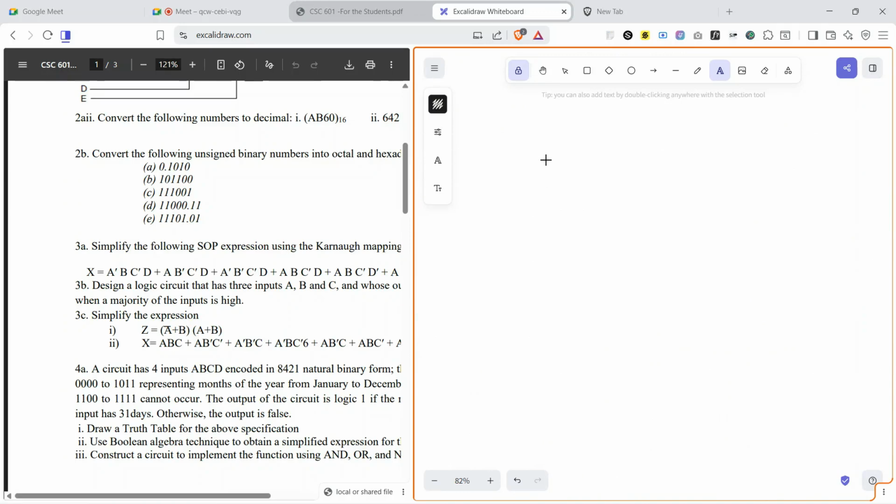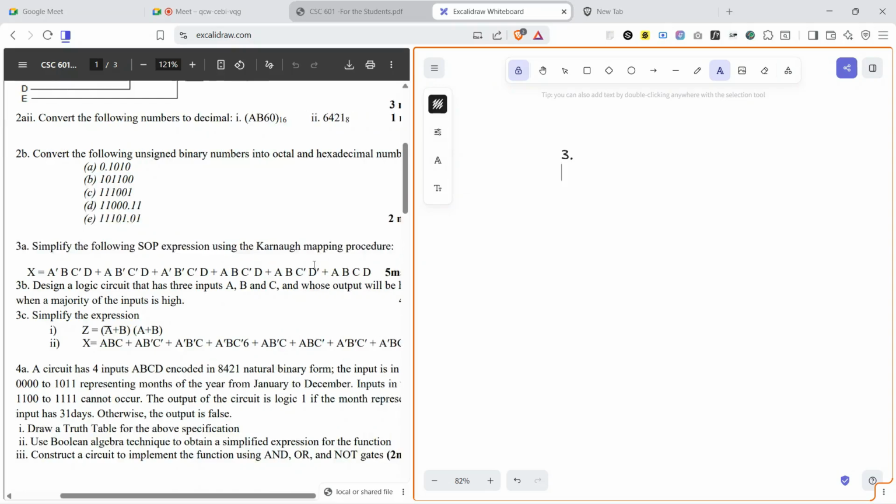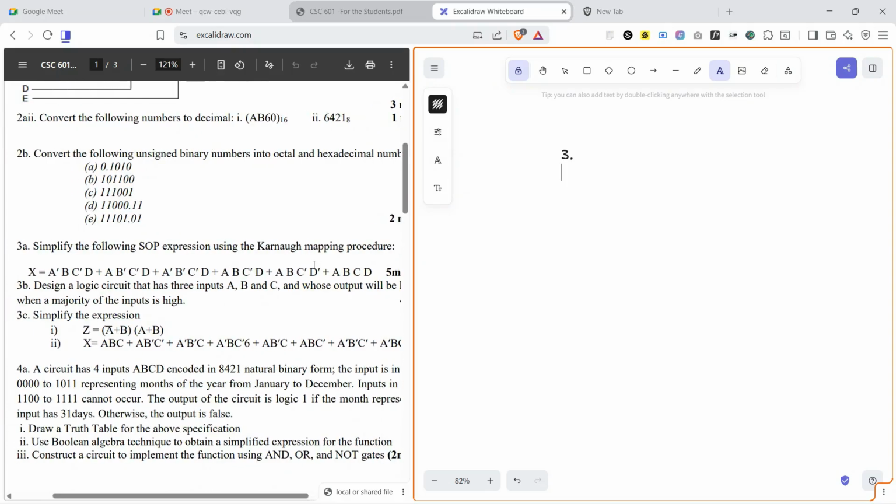So for number three, we are told to simplify the following SOP expression using the K-map process. K-map is a graphical representation of simplifying Boolean algebra.